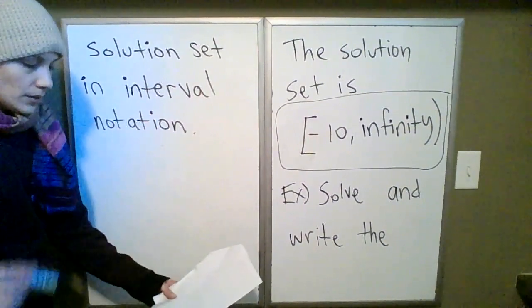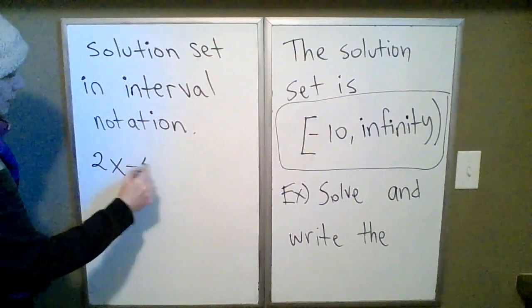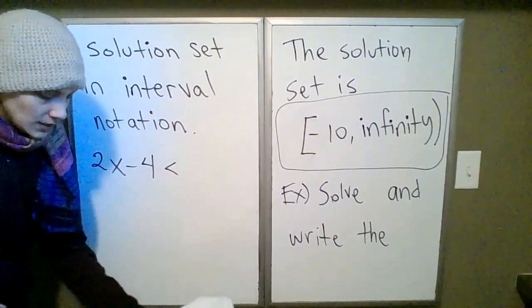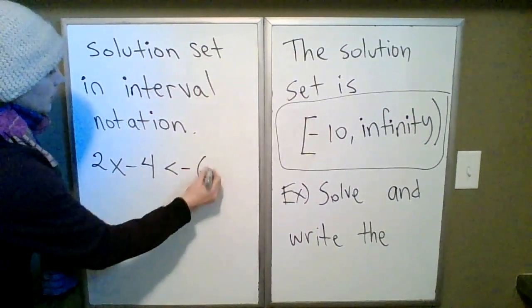Okay. 2x minus 4 less than negative 3x minus 1. Negative of 3x.